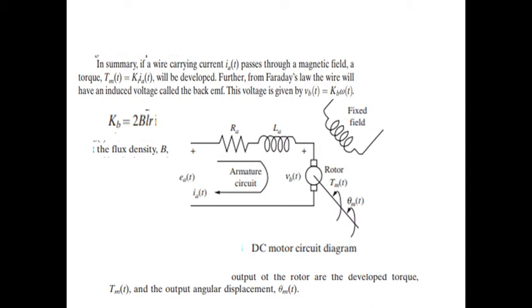Then what is a generator? A generator is, if you place a coil under a magnetic field and rotate that rotor coil using an external force, like a turbine, the coil will cut the magnetic flux, so electricity is generated inside the coil.